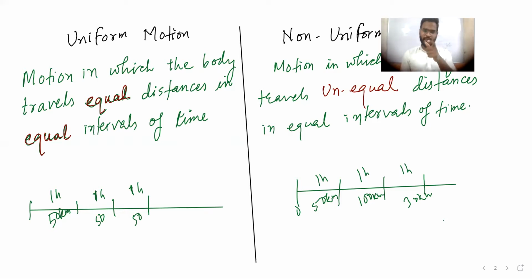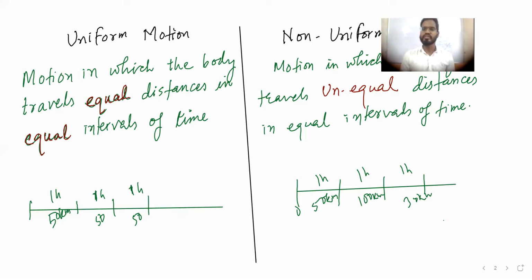Uniform means equal. In school, everyone is in white shirt, black pant. But non-uniform can be any color. So here we can say uniform motion is motion in which the body travels equal distances in equal intervals of time.